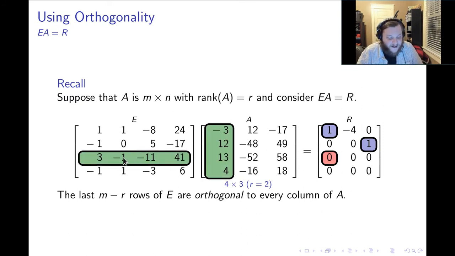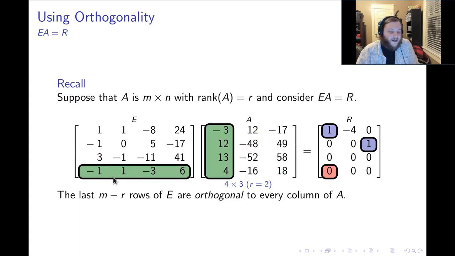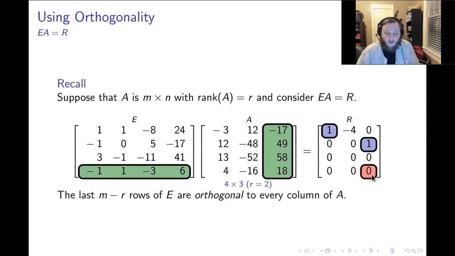If I take an inner product of the 3rd row of E with all 3 of the columns of A, I'll always get 0. If I take an inner product of the last row of E with all 3 columns of A, I'll always get 0. So the bottom m minus r rows of E in EA equals R are all orthogonal to the columns of A.